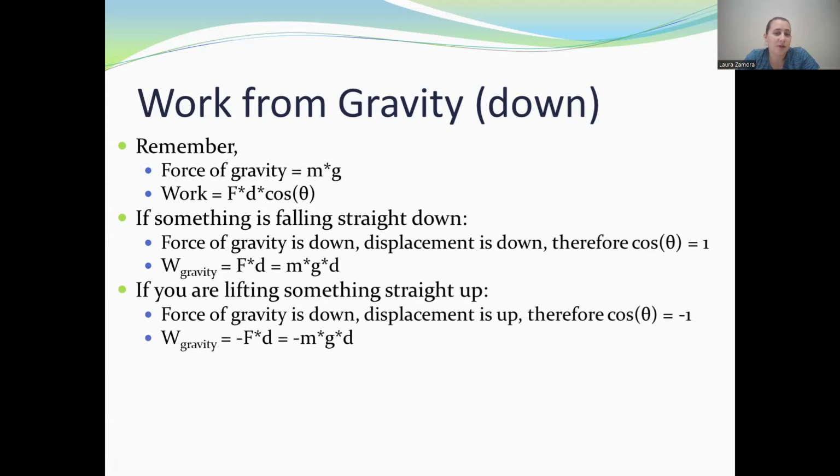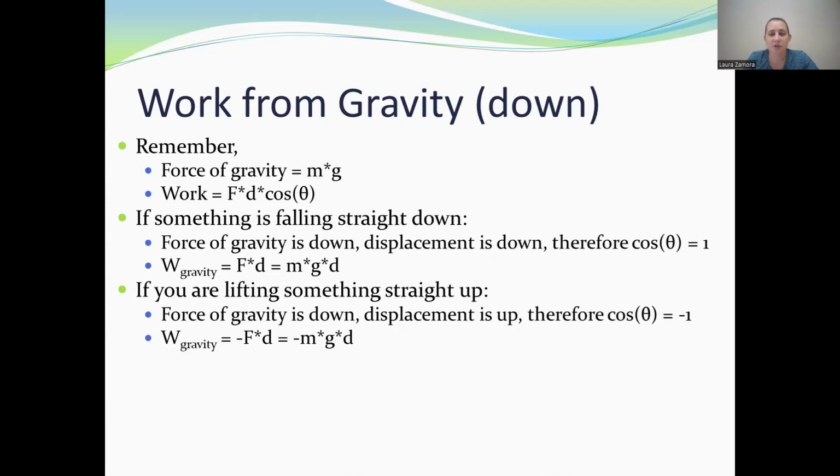If we are lifting something straight up, now the force of gravity is down, but the displacement is up. Those two are directly opposite each other, which means they're at an angle of 180 degrees, and the cosine of 180 degrees is -1. So if we're lifting something straight up, the work done by gravity is force times displacement times -1.